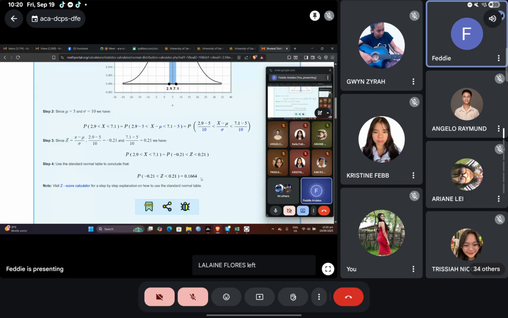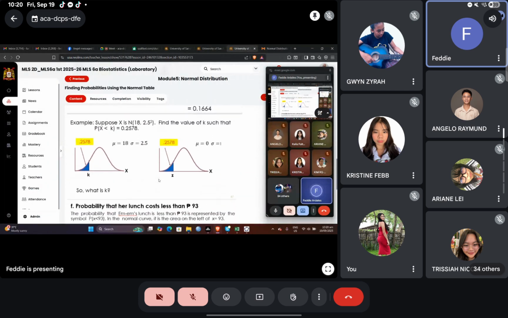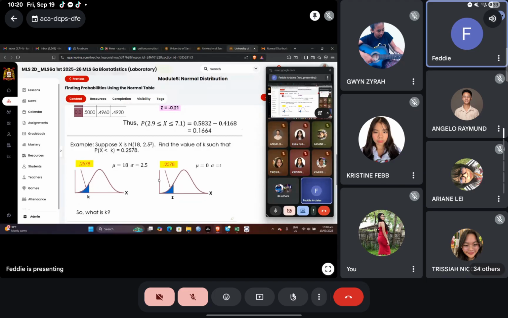Here we are using the calculator, but if we compare how it is solved using the table, it will give you the same result, which is 0.1664.